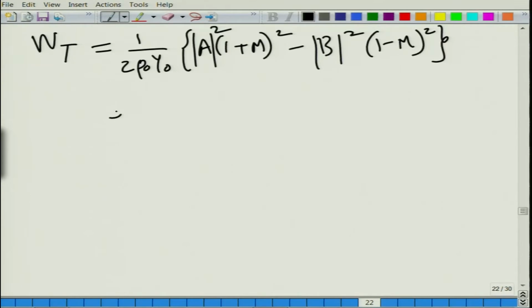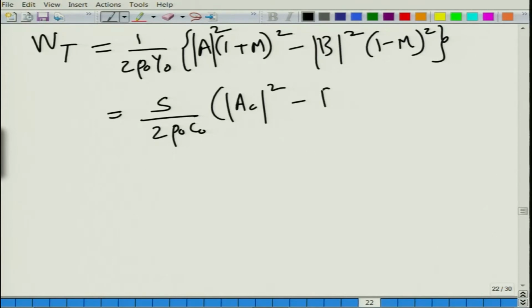So, we can actually write it a little more cleanly, S divided by 2 rho naught c naught, something like this. Let us see how we interpret all these things and why it should be useful.